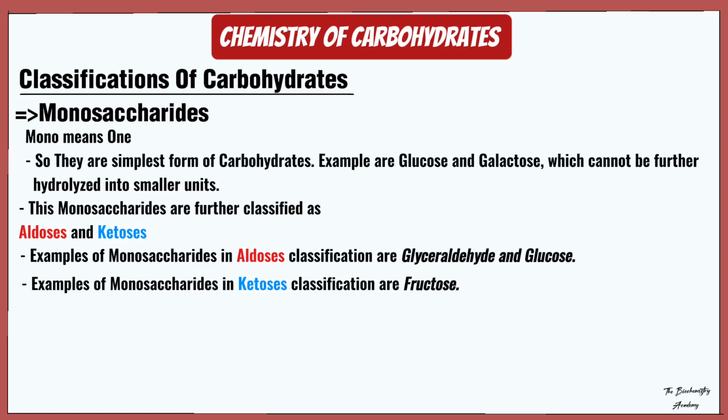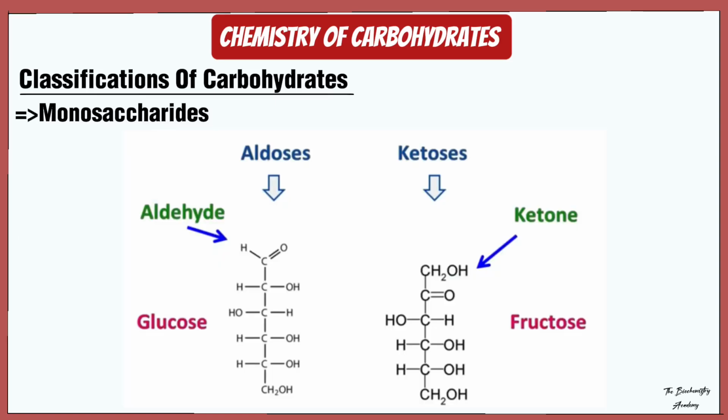So let us look at the structural form of each to see the difference, using glucose from aldoses and fructose from ketoses. In the structure of glucose, we can see the aldehyde group at the top, the CHO group, while in the structure of fructose, the ketone group CO is around here.